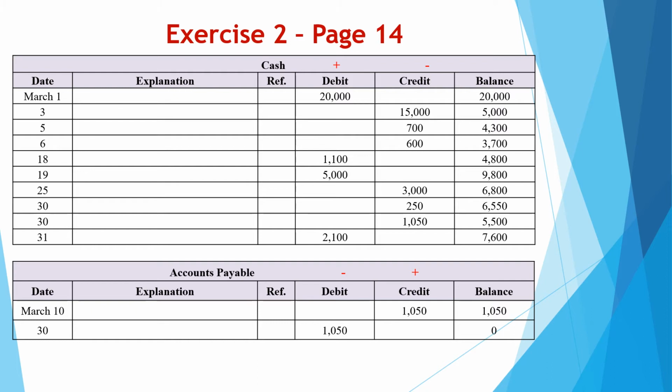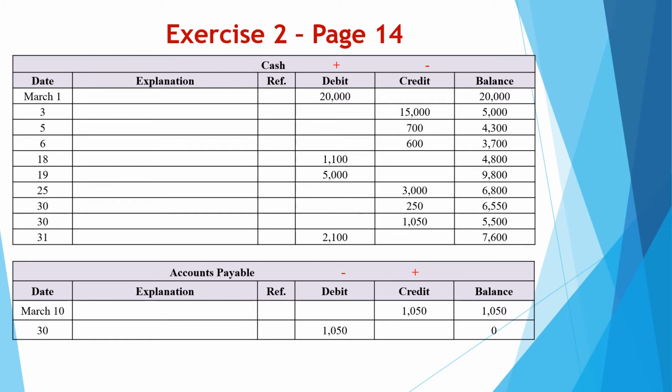So we transfer this credit amount of 1,050 to the credit column in the general ledger. Then we fill the balance column with the same amount of 1,050, since it is the first row of the general ledger. The next date in the general journal the accounts payable appears is on March 30.